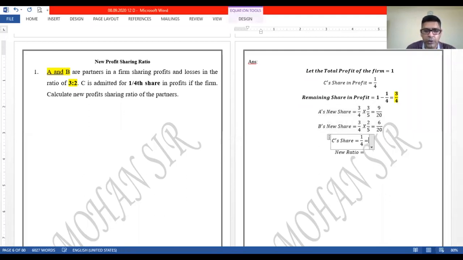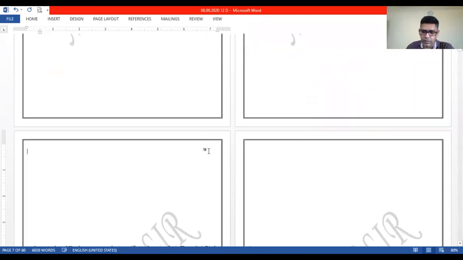So 1/4, to convert it into 20, multiply by 5, so that it becomes 5/20. I'm sure everybody has understood this. There is no problem in this. Now the new ratio will be 9:6:5.